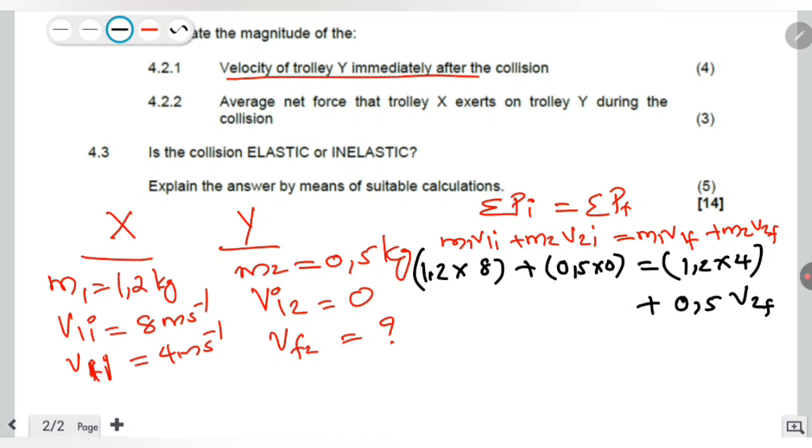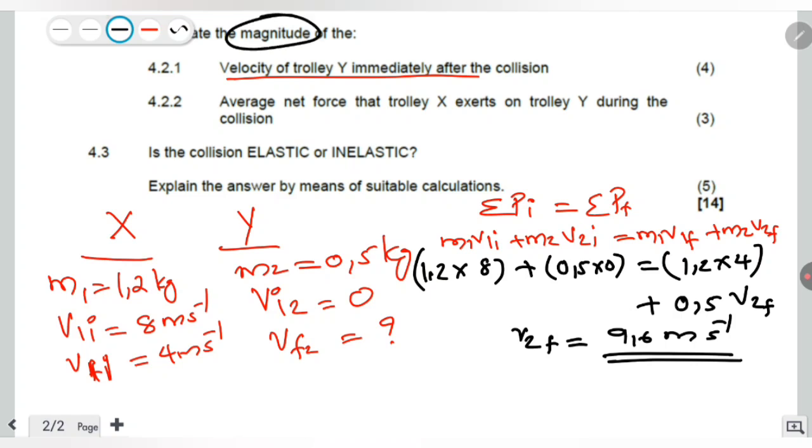When you do the calculation, your answer is 9.6 meters per second. It is asking for magnitude, so that's why I'm not writing the direction. So the answer is 9.6 meters per second.